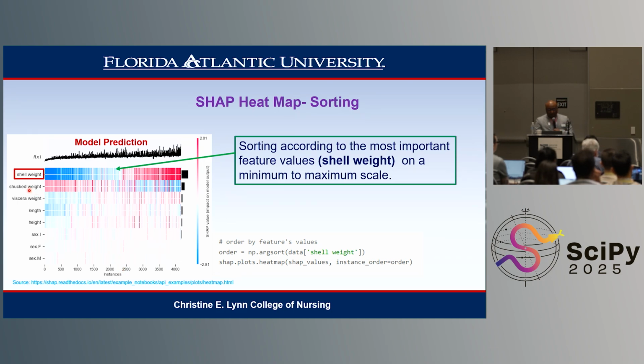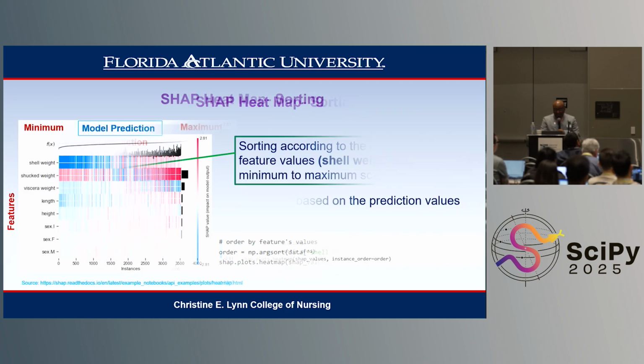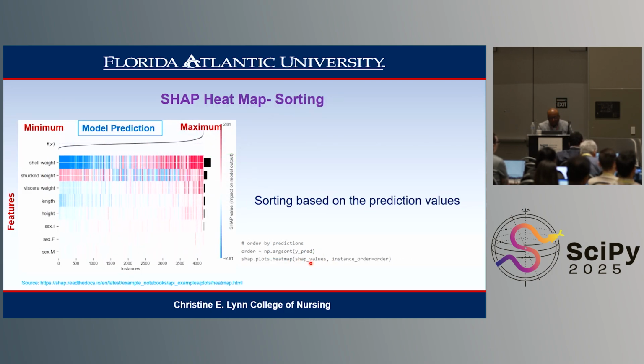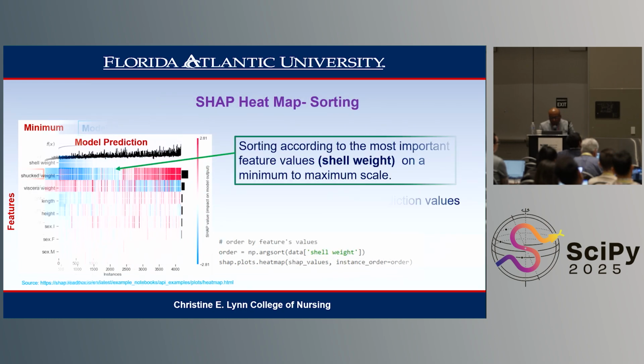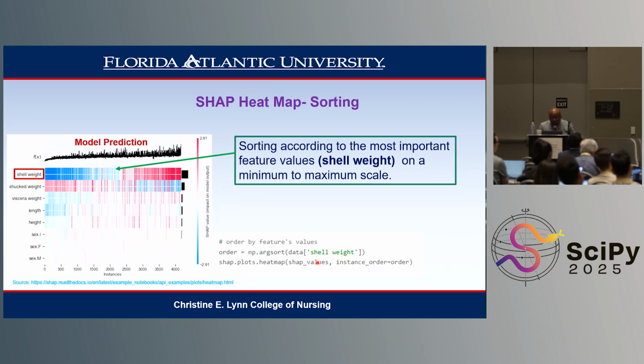And here we are more advanced, sorting according to the most important feature's value, most important based on the cell weight. This is the feature. So based on the feature, here we sort by cell weight, whereas before it was by prediction. We use the same coding but change the criteria, based on the most important feature, cell weight.